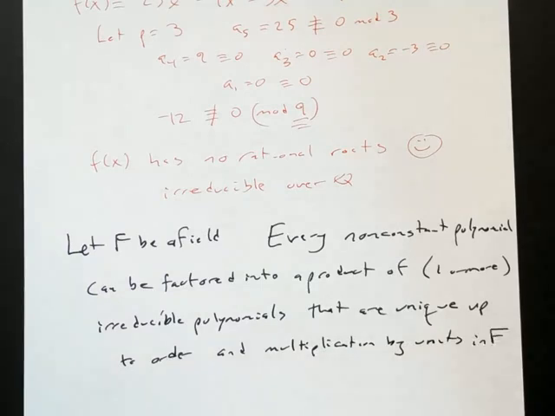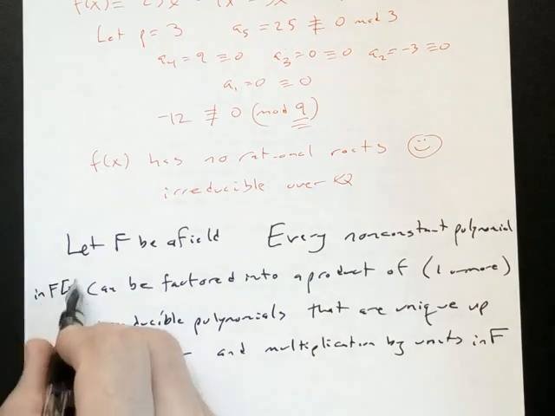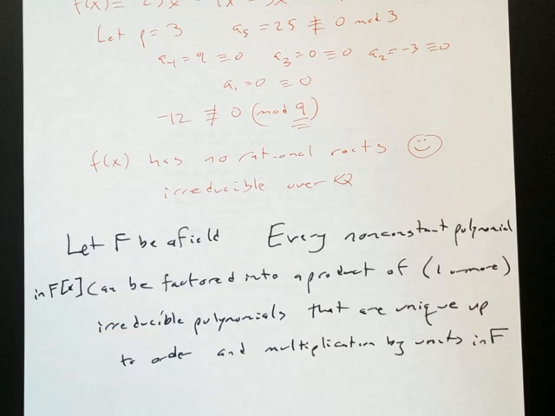Every non-constant polynomial in F[x] factors this way. So once you know you can factor, either your polynomial can't be factored at all, it's irreducible, or it can be written in a reduced form, and that's unique up to order or multiplication by units. If you put a 1/2 here and a 2 there, that's the same polynomial, right? So if I include units differently in different places, it doesn't make a difference.